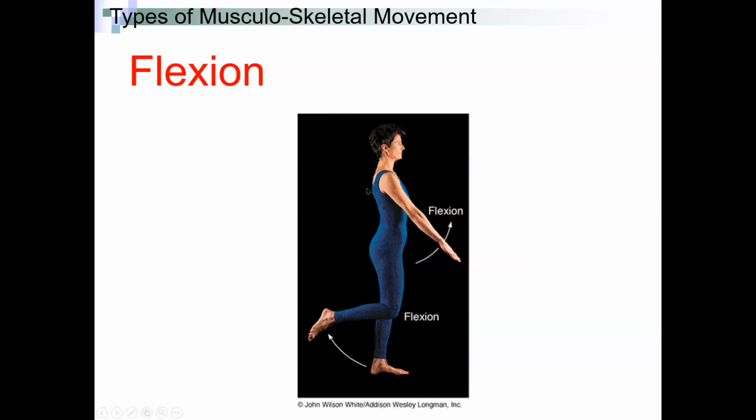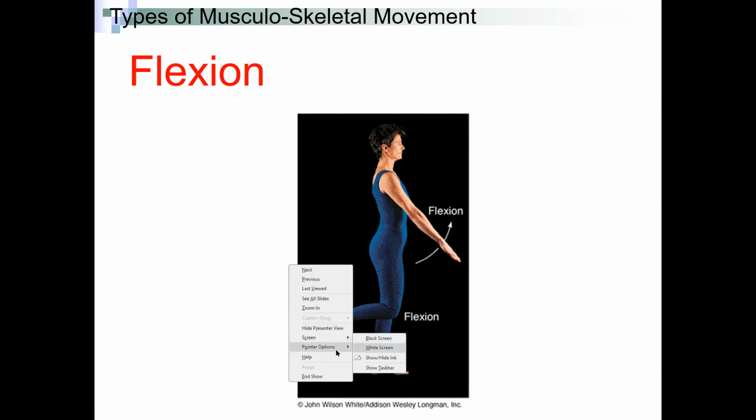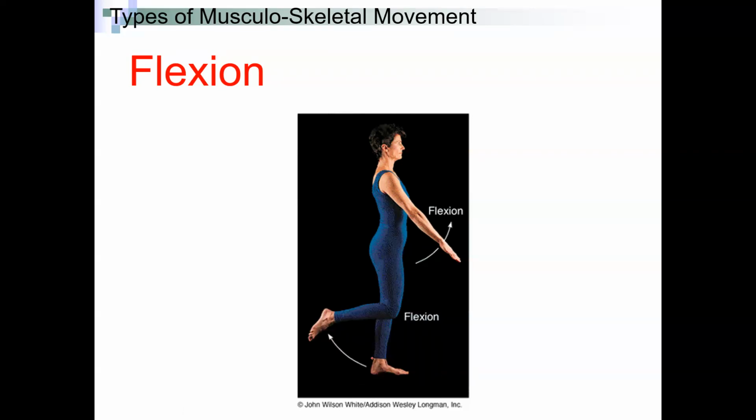Now, just to remind everybody again, flexion, you're contracting a body part to move it closer to the rest of the body. So you're causing a reduction in the angle to the body. So for example, if you move your foot from here to here, it means that you've narrowed the angle between your foot and the rest of the body, right?